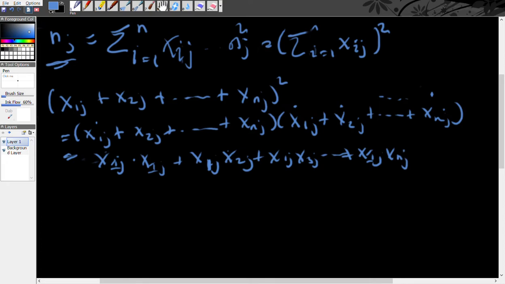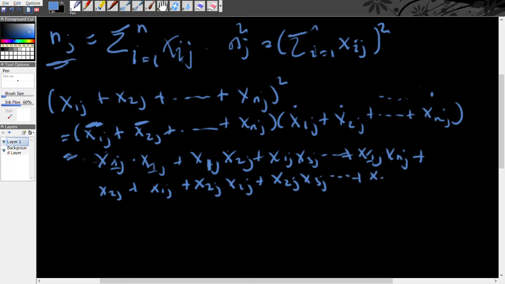Now you repeat this for everything. You don't just do it for the first one, you do it for the second one, so on and so forth. So you have x2j times x1j plus x2j times x2j plus x2j times x3j, and so on. I hope you spot the pattern now, until xnj.